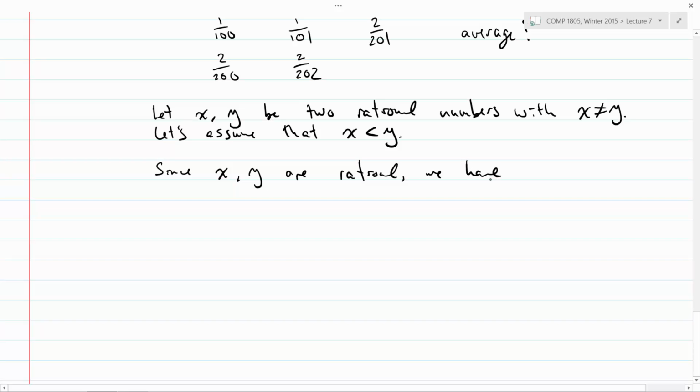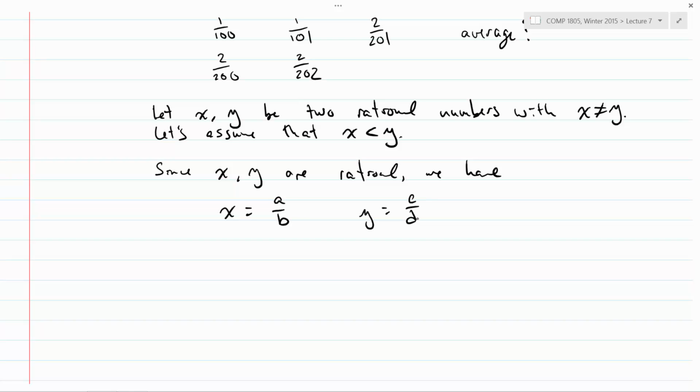We have that x is equal to a over b, and y is equal to c over d. Notice I'm not using the same numerator and denominator both times. The very common mistake is to say x equals a over b and y equals a over b.